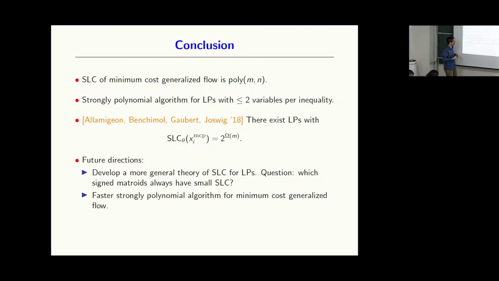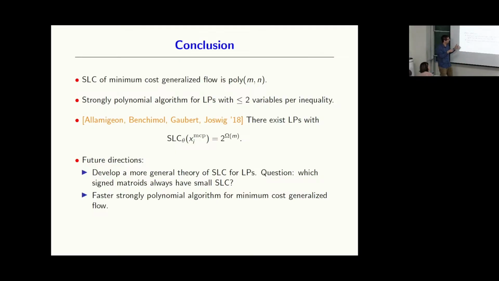One thing I want to build is a more general, robust theory of straight line complexity. And one nice question that arises, at least from this work, is that we've identified a class of signed matroids, corresponding to the matrix A, such that any representation of this matroid, which is what you use in the linear program, yields something that has small straight line complexity, which is a property in this context only of the circuits.